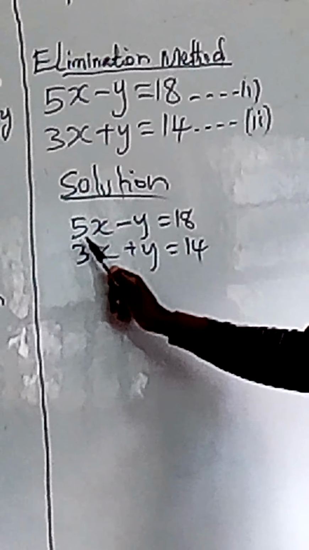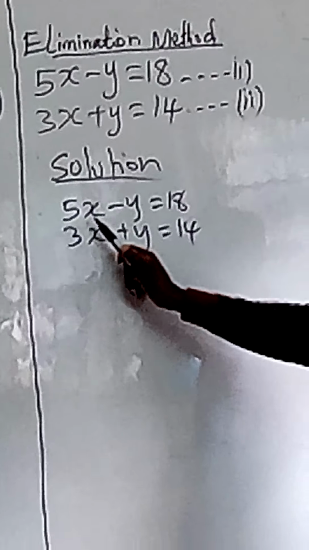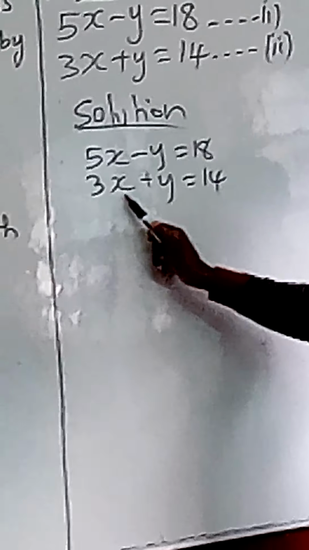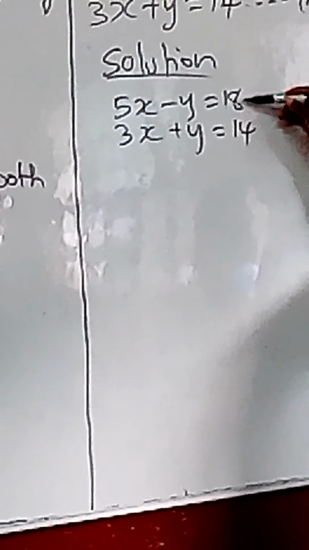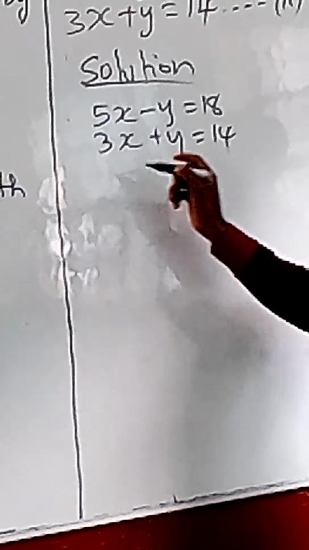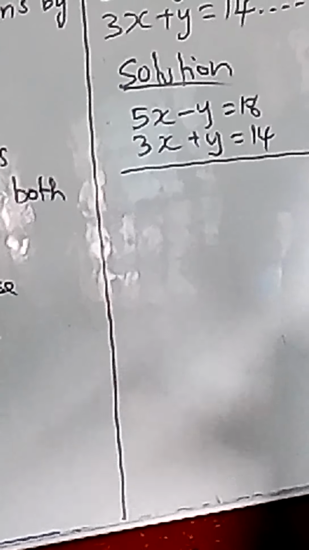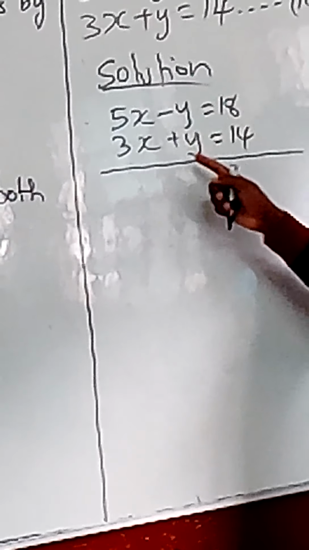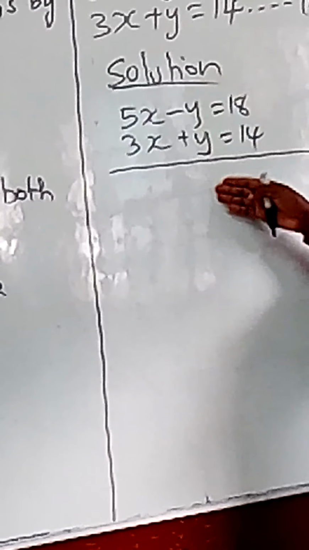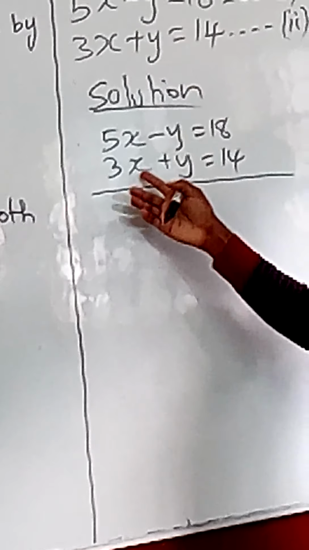This is 5x, this is 3x. This is negative y, this is positive y. Then these are constants, 18 and 14. It is difficult to find the solution of two unknowns at the same time. So you need to do away with one, that is, to eliminate, so you remain with one.